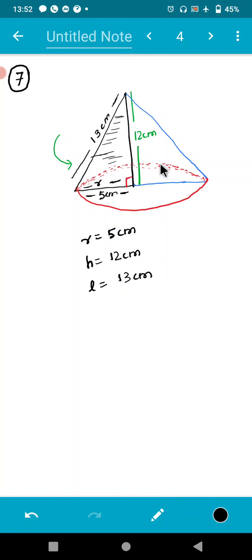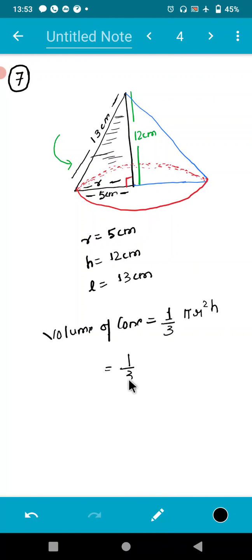The solid is conical shape, isn't it? So we'll get the volume of cone. It's very simple. Volume of cone would be equal to 1 by 3 pi r square h. So 1 by 3 is already in the formula.